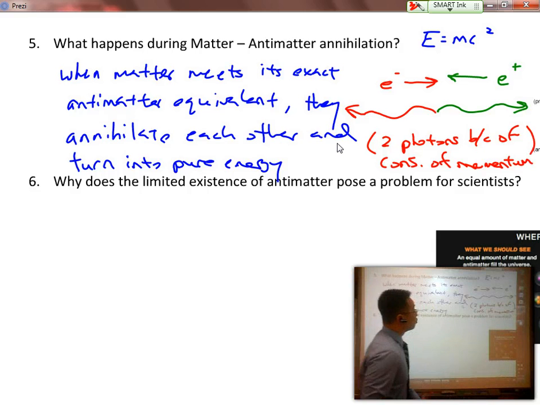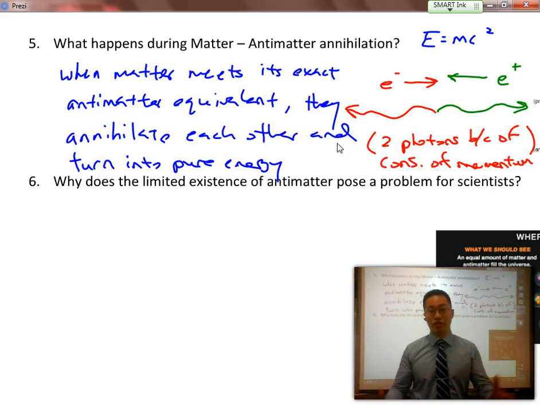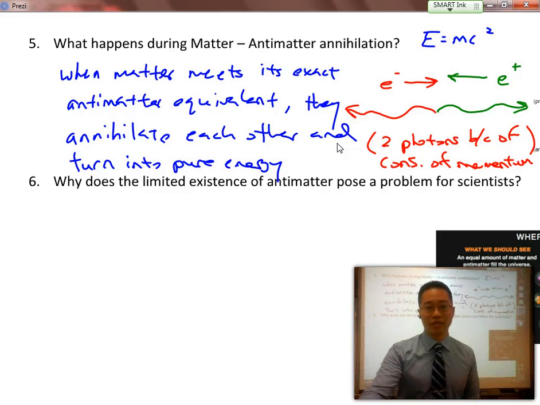Okay, so the fact is, when an electron and a positron meet each other, they're always going to annihilate each other. When an antiproton and a proton meet each other, they're going to annihilate each other as well. And they turn into a whole bunch of different particles, but mostly gamma radiation.